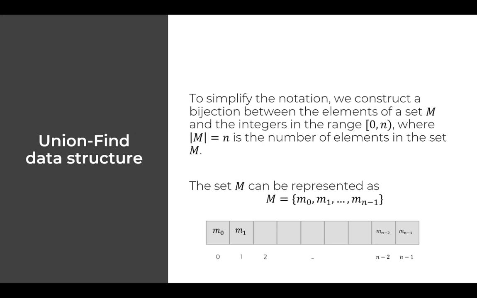So in the rest of the video, instead of using M0, M1, and so on, I will use the numbers 0, 1, 2, and so on, just to make a mapping between the two. Or in fact, what I can do is store all these elements in an array of size n, the number of elements.